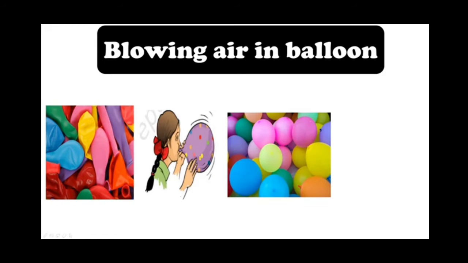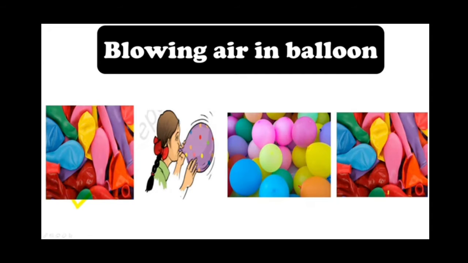Now take an example of blowing air into a balloon. You see the first picture, there is a balloon, so you blow it. You fill the balloon with air. After that, if you want this balloon again, can you get the balloon back into the original substance you had before?